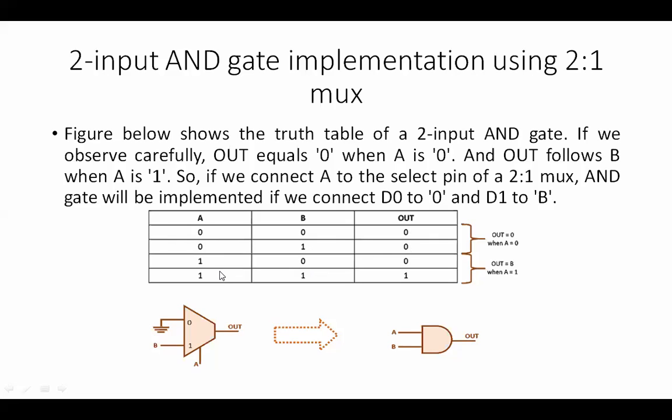So what we can understand here: whenever A is 0, the output is equal to 0. Next, when A is 0 and B is 1, the output is also 0. Can you see the relationship now between these binary numbers?